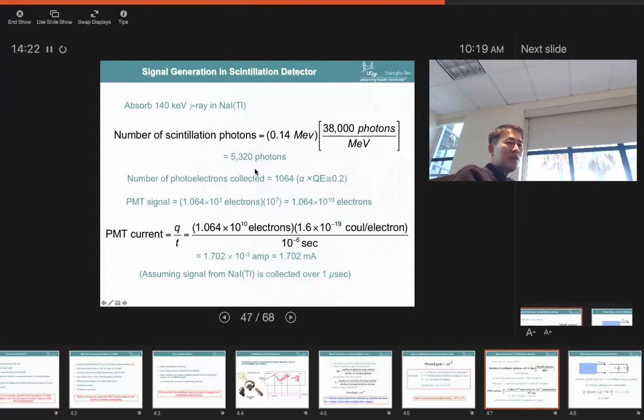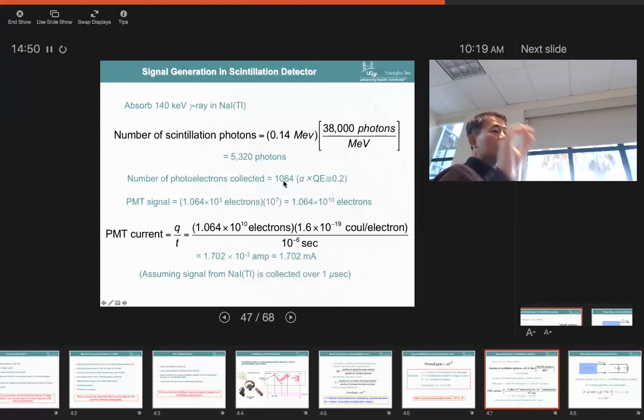Now what we want to know is how many photoelectrons are generated from the photocathode. For that, we have to know the fraction, which we assume is almost 1, but the quantum efficiency of the photocathode is the most important factor there. Let's say that's about 20%, and alpha is just assumed to be 1 here.